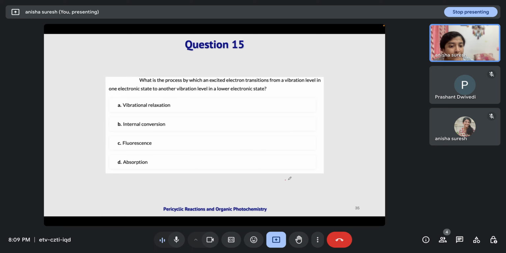So if we are drawing, this is S0, S1, S2. So from here to here, from one electronic state to another vibrational level of the lower electronic state. This is what they are asking.